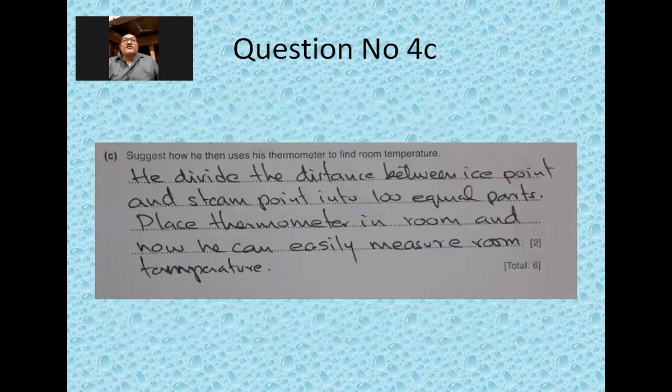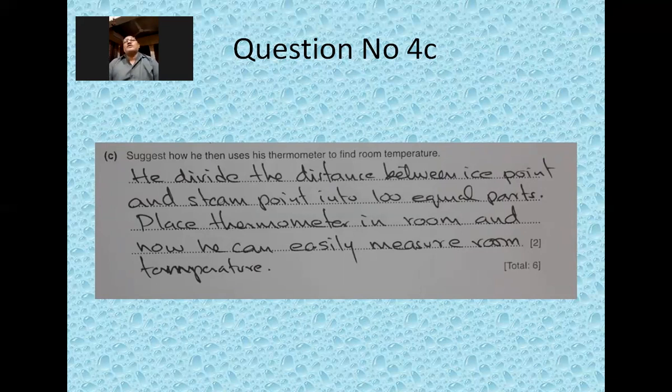So okay, the next part is the C part. He says: suggest how he then uses his thermometer to find the room temperature. You see, there are 2 methods which we can use.